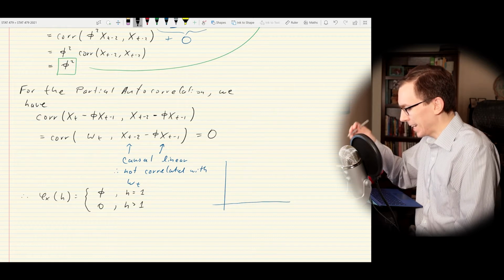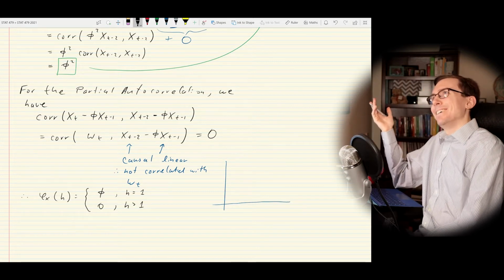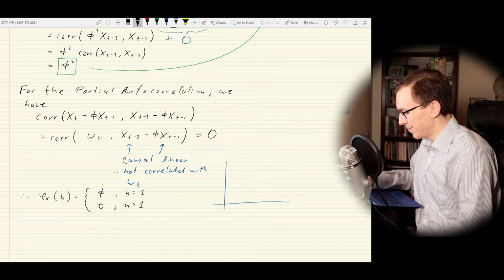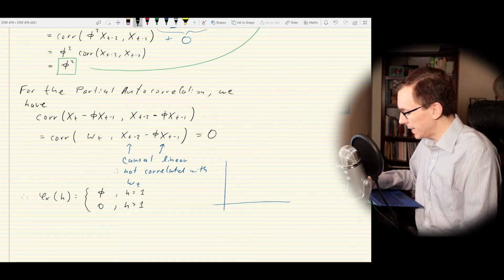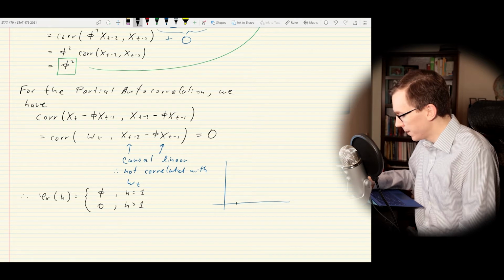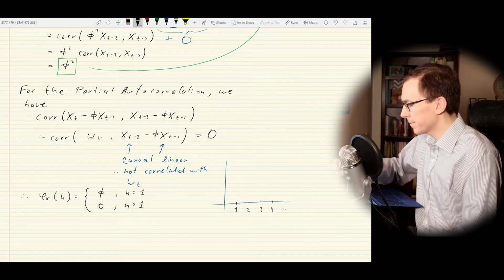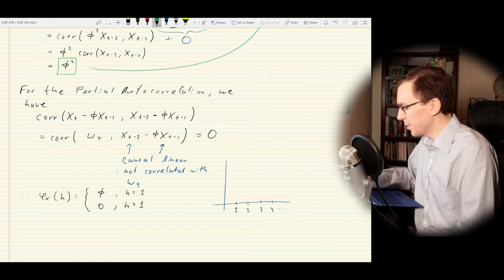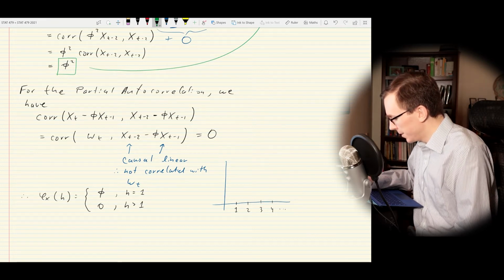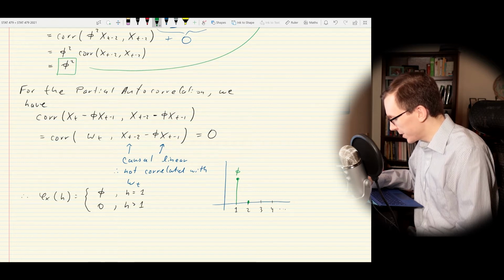Technically at lag 0 we would have a 1, but typically when you compute the PACF, you just start at lag 1 and don't consider lag 0. You could probably define it to be 1, much like in the ACF case. But basically we have a spike at phi here, and then zeros all the way off to infinity.